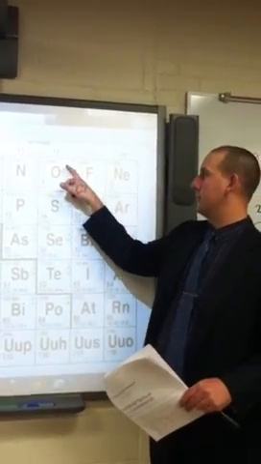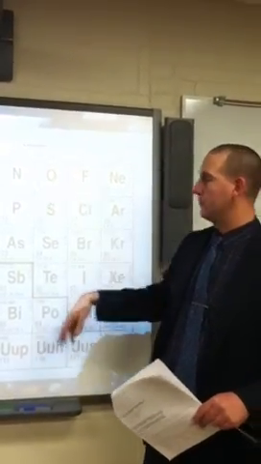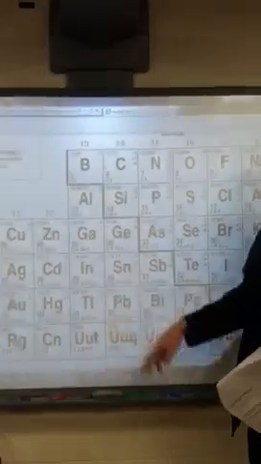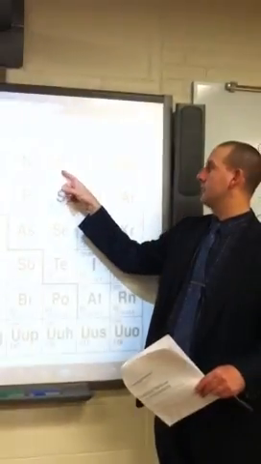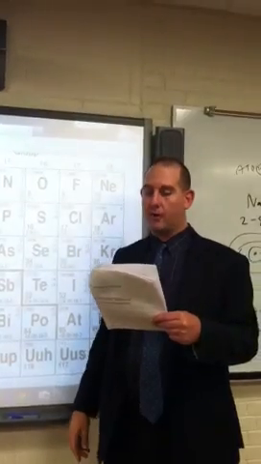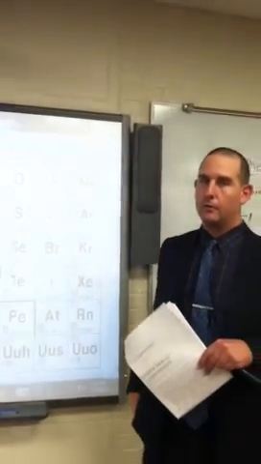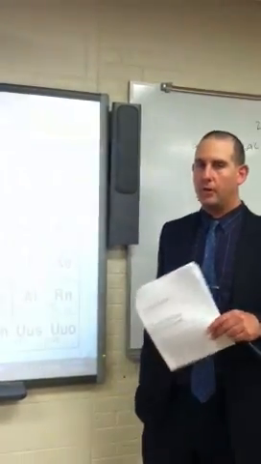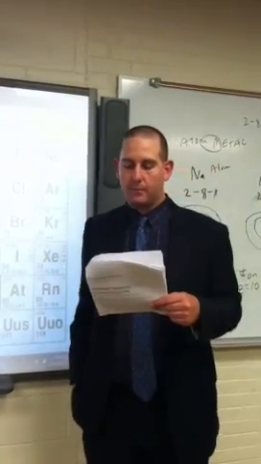If they gain electrons, they tend to form negative ions, whereas metals lose electrons and form positive ions. So number 2 is: tend to gain electrons and form negative ions.